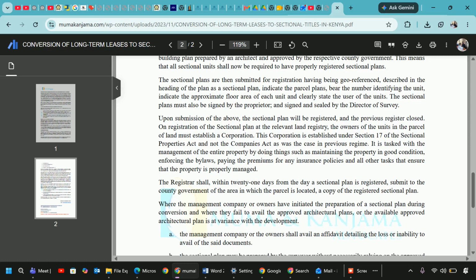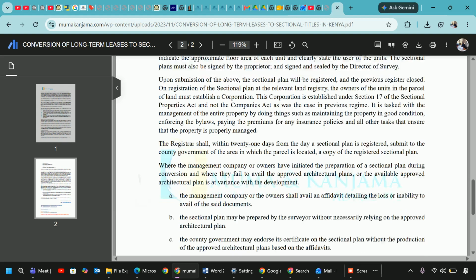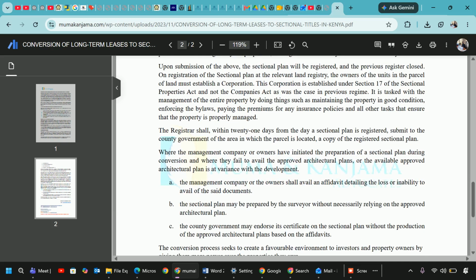The registrar shall, within 21 days from the day a sectional plan is registered, submit to the county government of the area in which the parcel is located a copy of the registered sectional plan. Where the management company or owners have initiated the preparation of a sectional plan during conversion, and where they fail to avail the approved architectural plans or the available approved architectural plan is at variance with the development, the management company or the owners shall avail an affidavit detailing the loss or inability to avail the said documents.